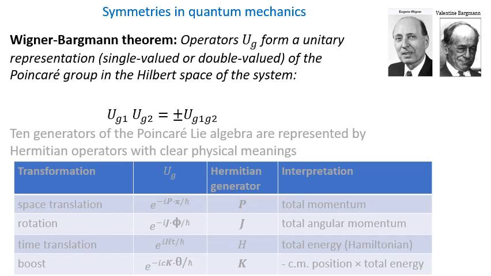This representation can be either single-valued or double-valued. In the latter case, the state vector obtains a factor of -1 after a full 360 degrees rotation. This is the first hint about the half-integer spin that will be discussed later.